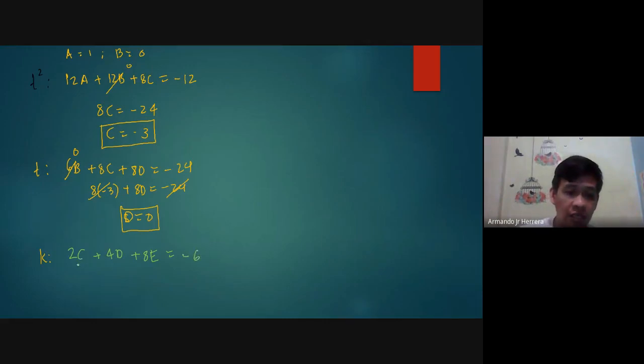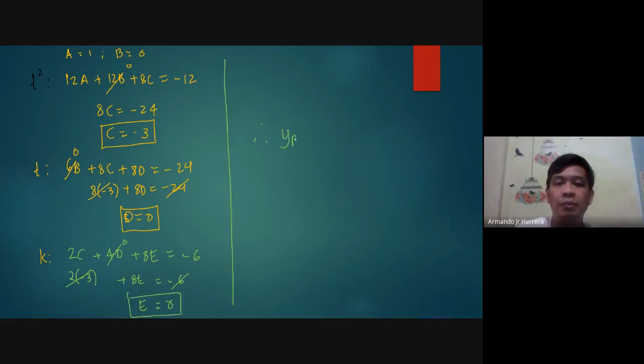The value of c is negative 3, so that's 2 times negative 3. The value of d is 0. This is plus 8e equals negative 6. Negative 6 transpose there is 0, then e is also 0.